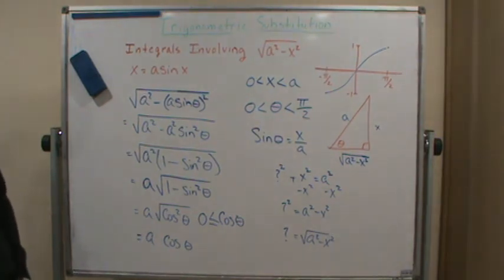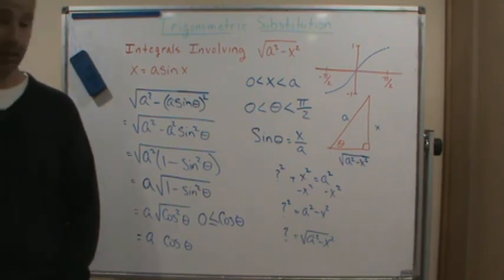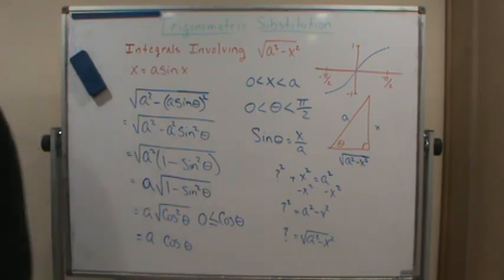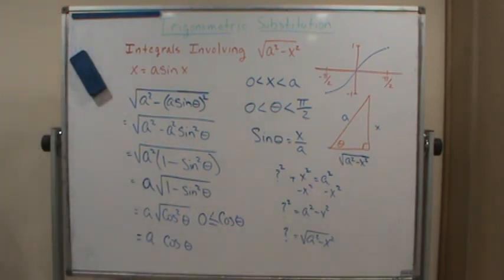That's going to be the key thing. Now that we've got the right triangle completed, we can draw the reference triangle that I have here, and it can assist in expressing any of the values like cosine, tangent, and the remaining trigonometric functions in terms of x.